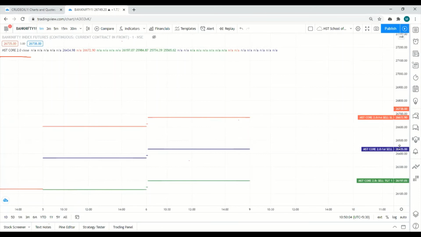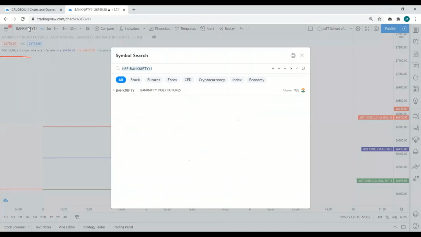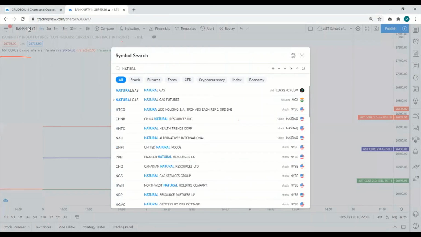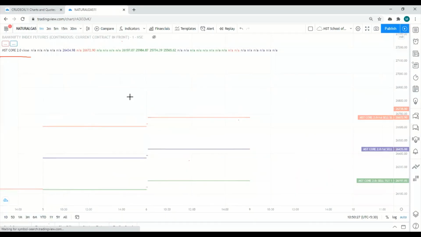You just follow the strategy. This is not a simple strategy. It is based on the price action method. The moment you see how it works for all the scripts, you will understand the beauty of it. See, yesterday I will show you for natural gas. Natural gas.